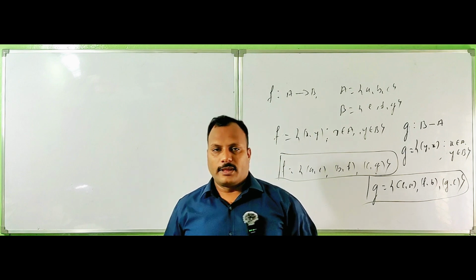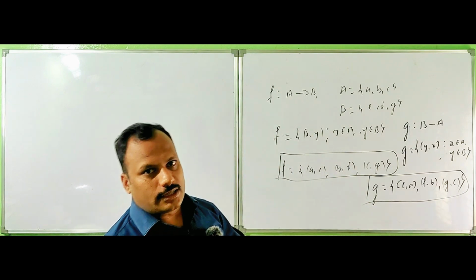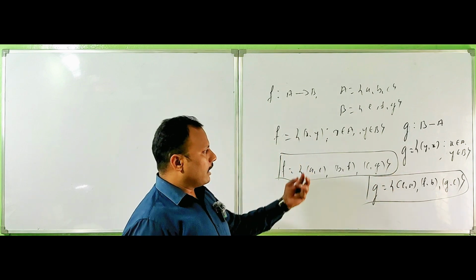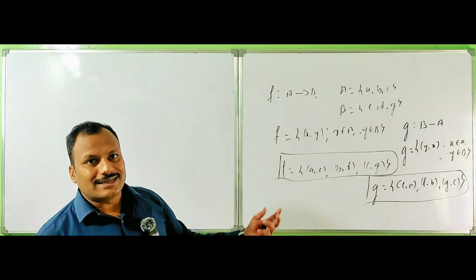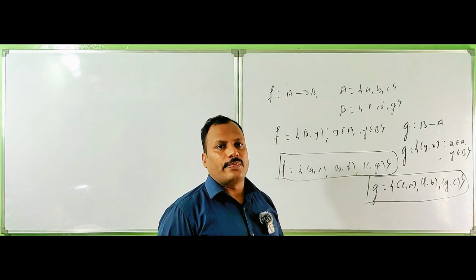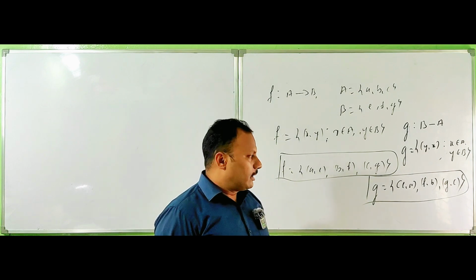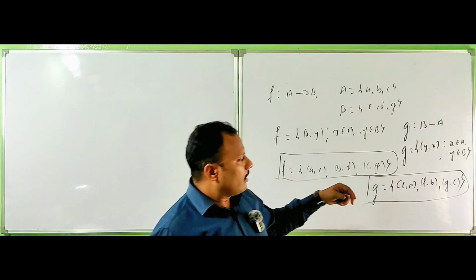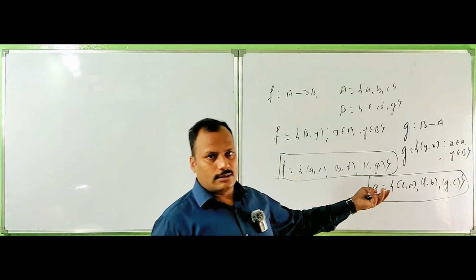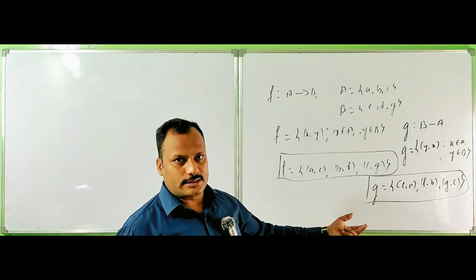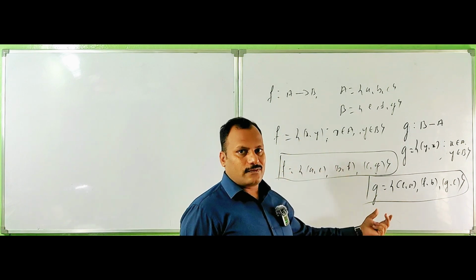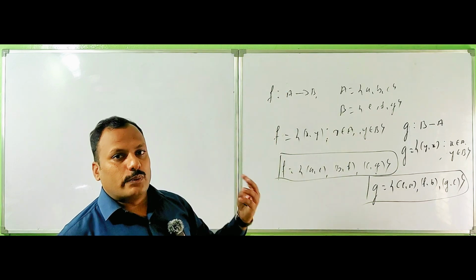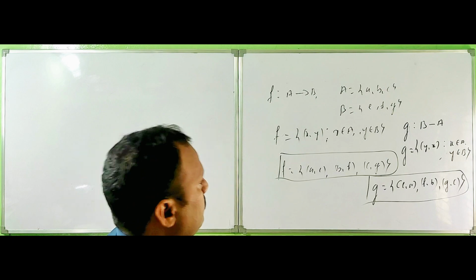If we reverse the ordered pairs of the function and again we get another function, that is called an invertible function or inverse function. If you reverse the elements, that is called a reversible function, meaning invertible function.